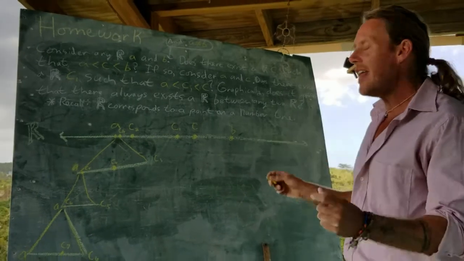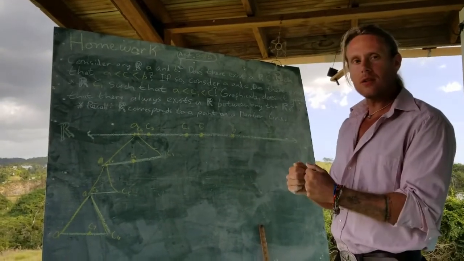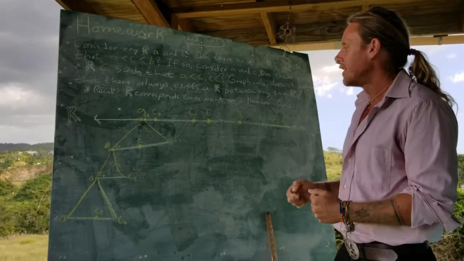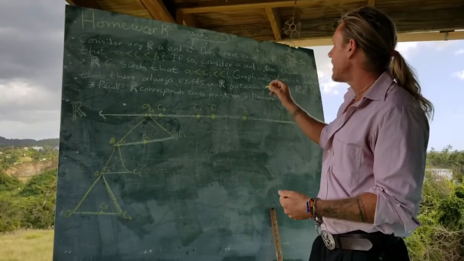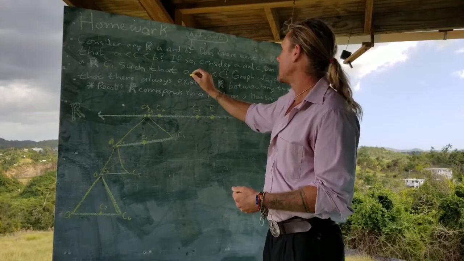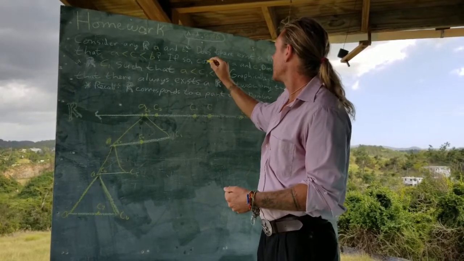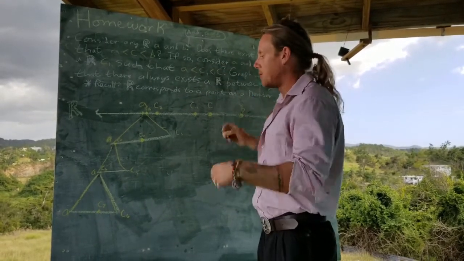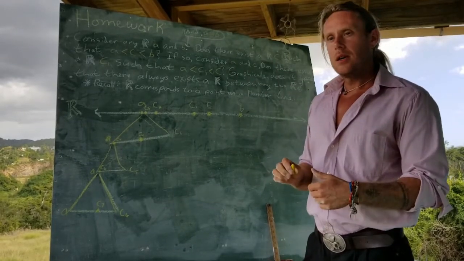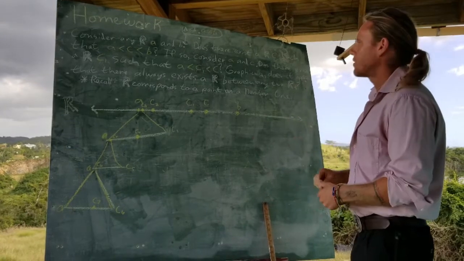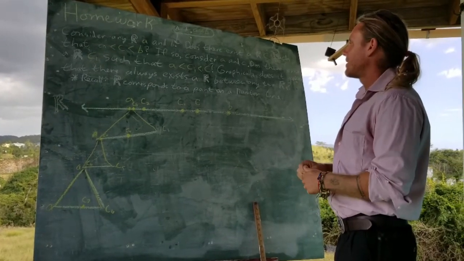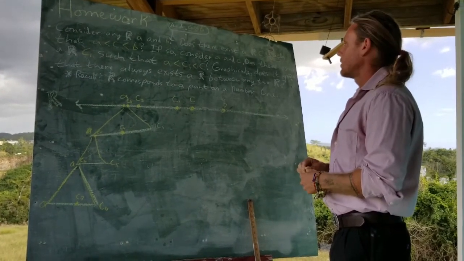Choose any two real numbers, arbitrarily close to one another without being equal to each other, and there exists another real number such that A is less than that real number, which is less than the other endpoint. So good job if you came to that conclusion. It certainly does appear graphically, geometrically, that there always exists a real number between any two real numbers.